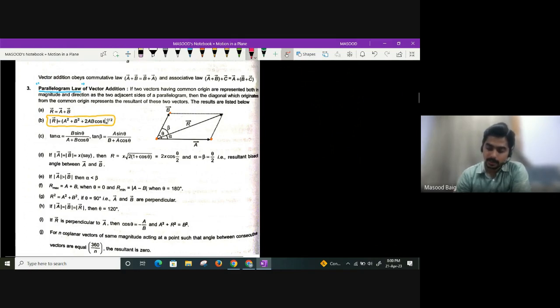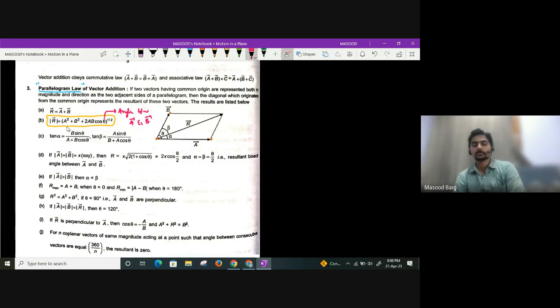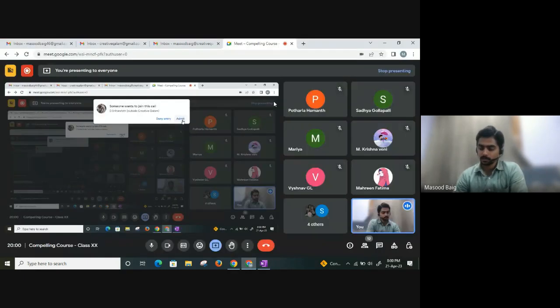Theta is the angle between A bar and B bar. So whether you take the triangle also, this only will be the magnitude, guys. You can also find tan alpha and tan beta, which are not that necessary, guys.